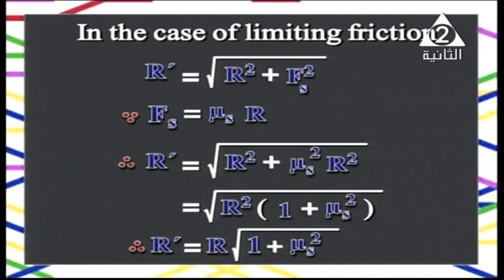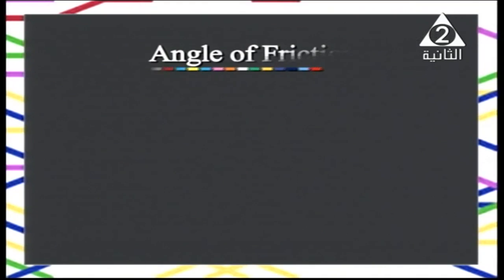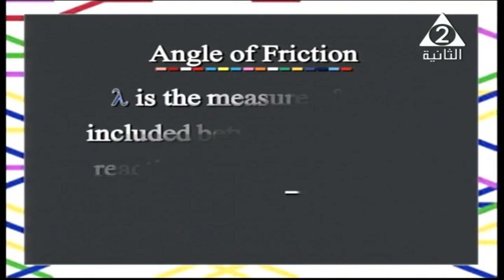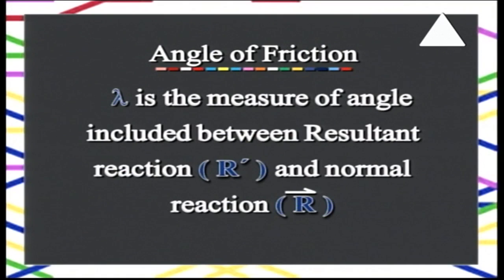My dear student, now we move to the angle of friction. Lambda is the measure of the angle included between R dash, the resultant reaction, and the normal reaction.